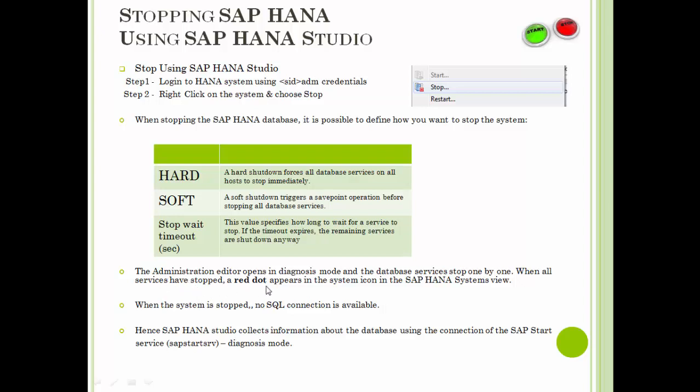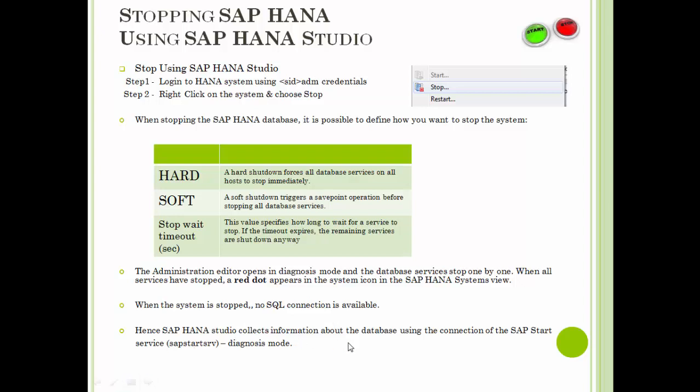And when all the services are stopped, we see a red dot which appears on the system icon in the systems view. And when the system is stopped, there is no SQL connection. SQL connection to the database is not operational when the system is stopped. Only through SAP Start Service, the Studio can talk to the HANA database to get the diagnosis files information.